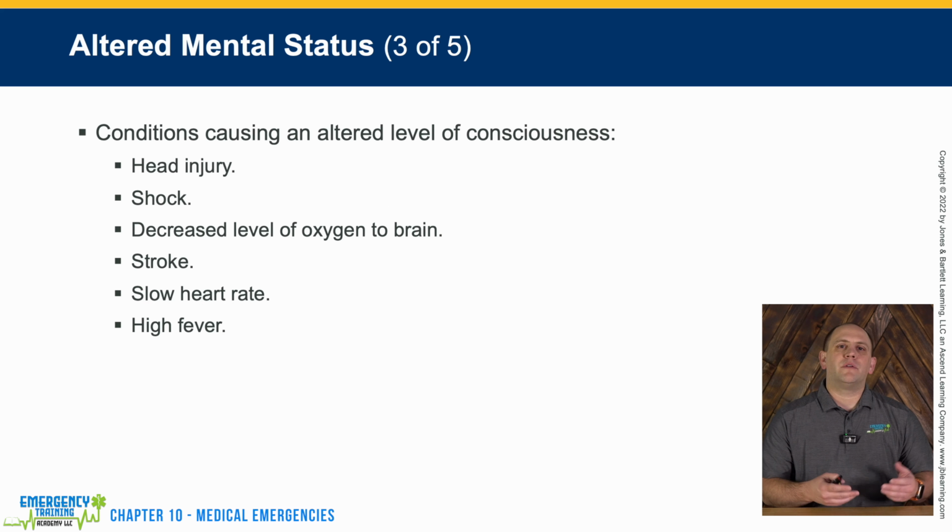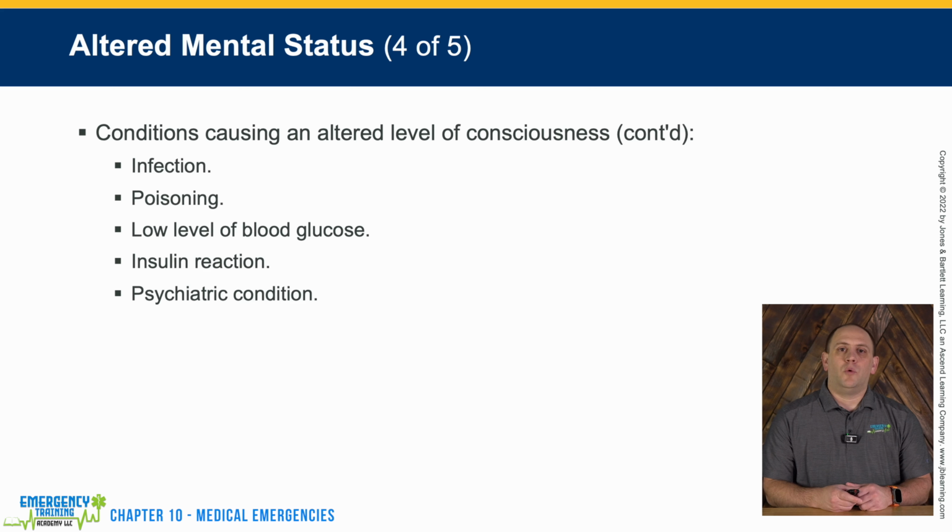There are a lot of different conditions that can cause an altered level of consciousness. These can be any traumatic head injury, shock, decrease in oxygen levels, stroke. If we have a slow heart rate, it decreases the amount of nutrients getting to the brain, or high fever. We could also have infections.